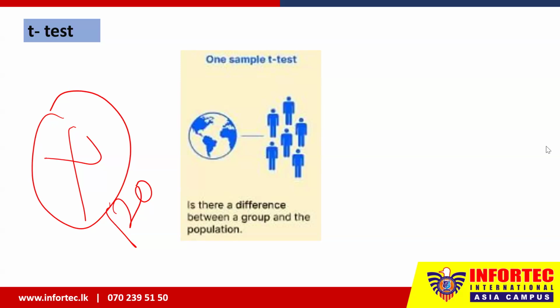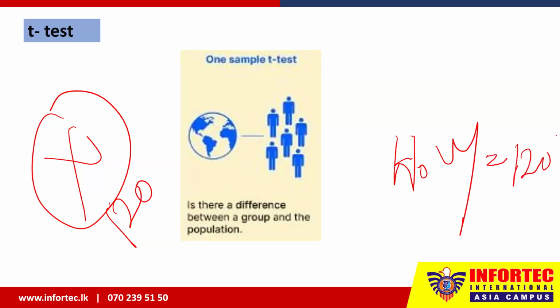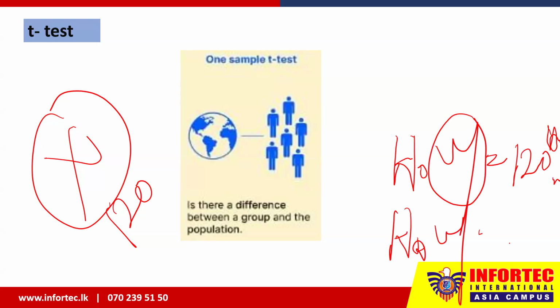So then your null hypothesis is like this: mu is equal to 120 mercury millimeters. Mu means the mean systolic blood pressure level of clinic X. And then your alternative hypothesis is mu is unequal to 120 mercury millimeters.